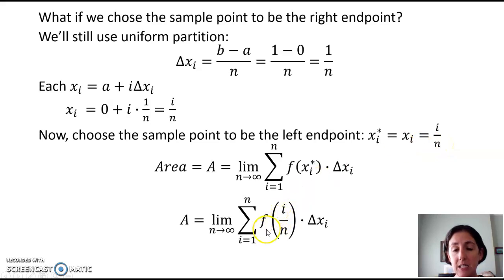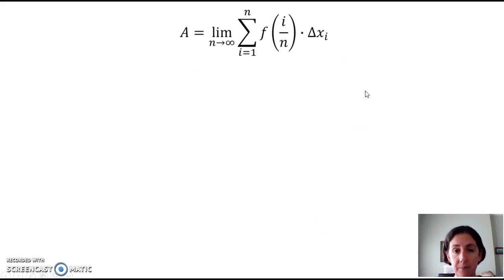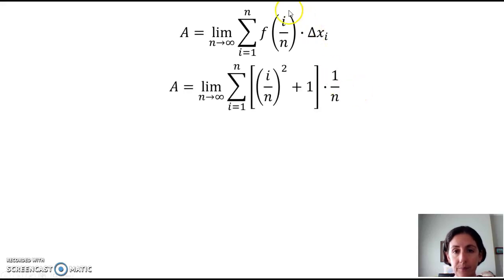So the height is the function evaluated at i over n using the right endpoint. My delta xi, however, is still going to be that 1 over n. And so now there's my 1 over n for my width. My height is the function evaluated at i over n, so it's (i over n) squared plus 1. So this is the height of each rectangle times the width of each rectangle.